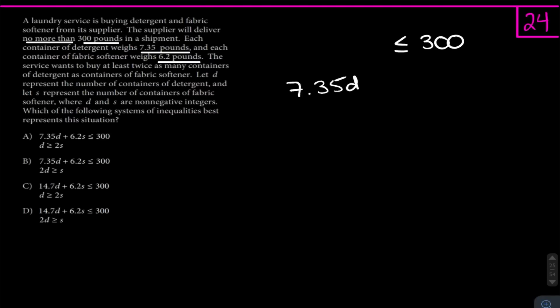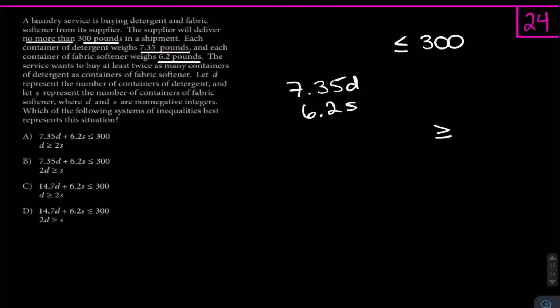So the total pounds of fabric softener is going to be 6.2 times the amount of containers of fabric softener, which is labeled S. And we can see that from the answers. So the service wants to buy at least twice as many containers of detergent as fabric softener. Okay, so that tells us something too, right? We know that there's an at least, so something needs to be greater than or equal to.